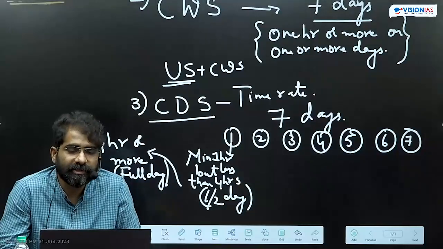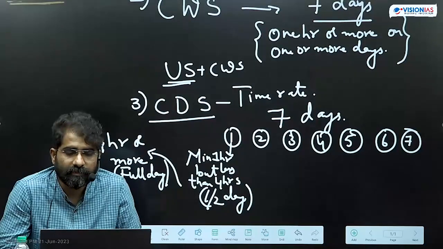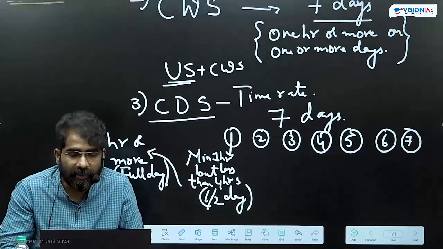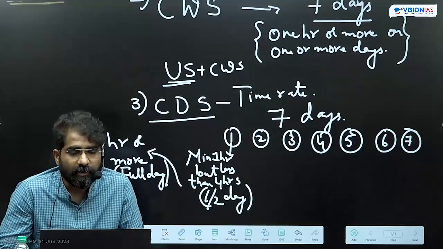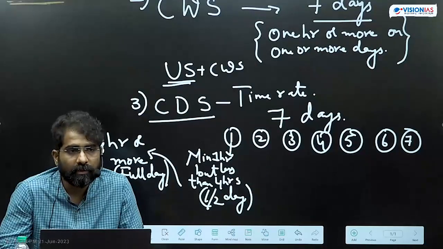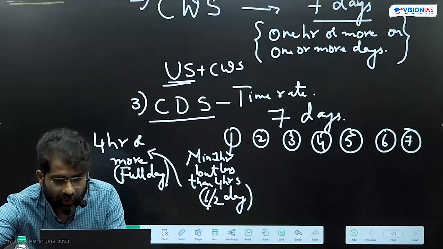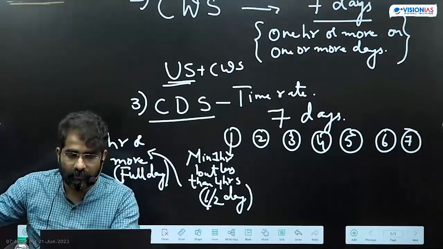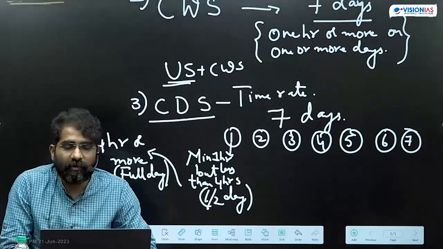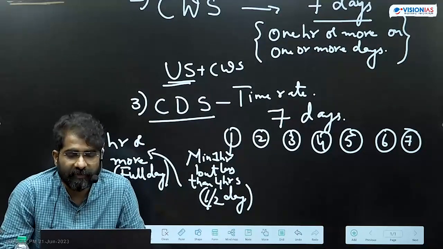In bracket mention 7 days reference period and close the bracket. Write down. A person who works for 1 hour but less than 4 hours is considered to have worked for half a day.